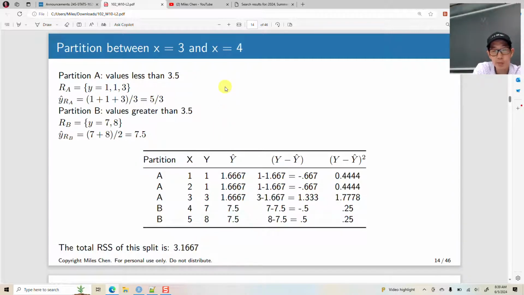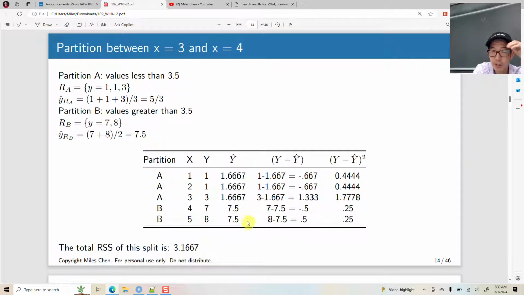If I split between x is 3 and 4, then in partition A, my three observations are 1, 1, and 3, and in partition B, my observations are 7 and 8. The mean of 1, 1, and 3 is 1 and 2/3. My squared residuals are 0.44, 0.44, and 1.778.